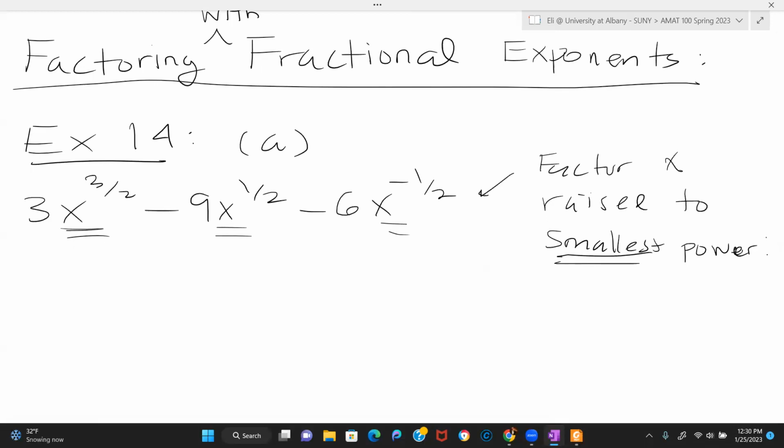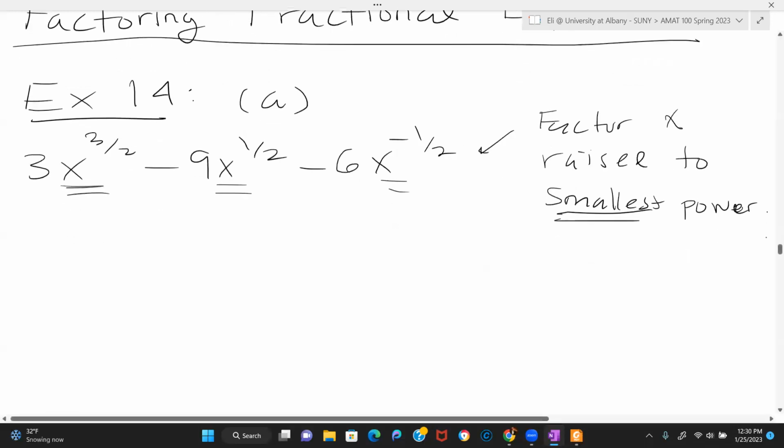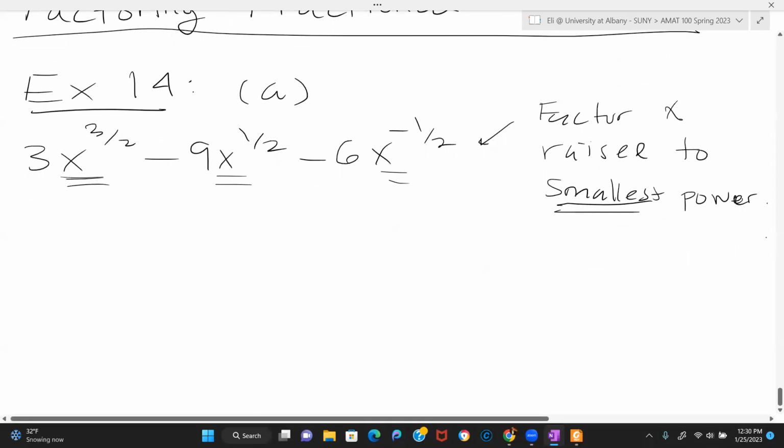You want to look at x raised to the smallest power, but it works out a little differently to figure out exactly how the factorization works. But again, first let's look at the coefficients before we factor the x. There's definitely a factor of 3 in each coefficient. So we're going to factor out a 3. And we're definitely going to factor out x, but what's that power? Well, in this case, the smallest power is x to the negative 1/2.